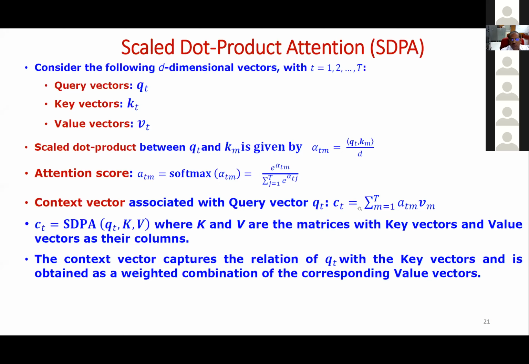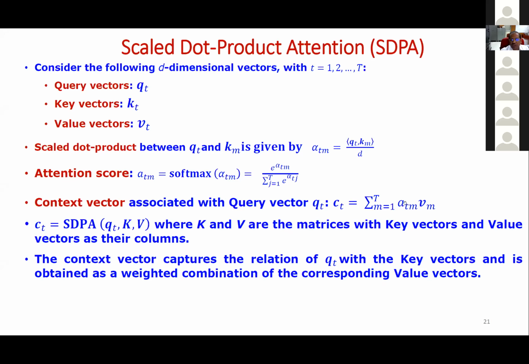So this is what we do when we perform this scaled dot product attention, where given a query vector, we generate this new vector called the ct vector, which is the context vector. What are we using in this? We are using these attention scores, which are obtained by comparing the query vector with all the key vectors. And we also use all the value vectors.